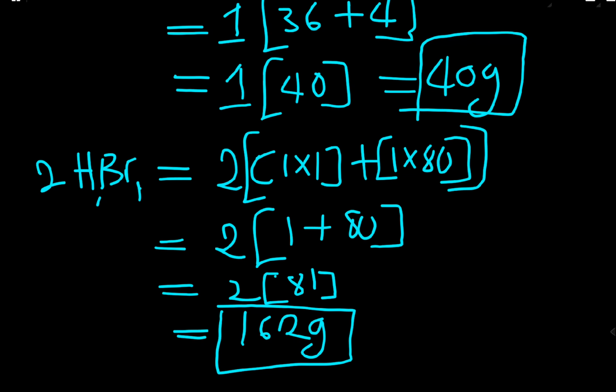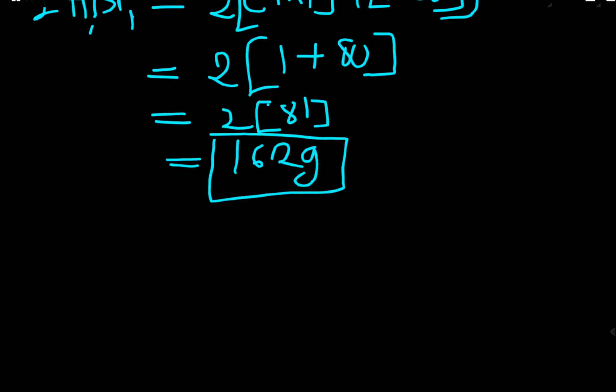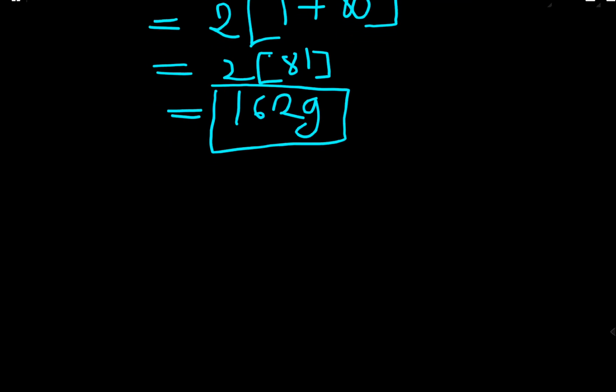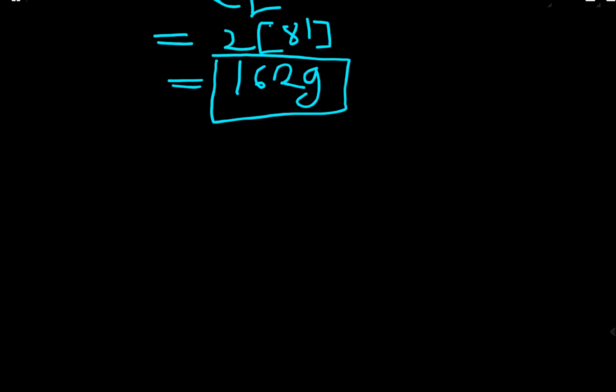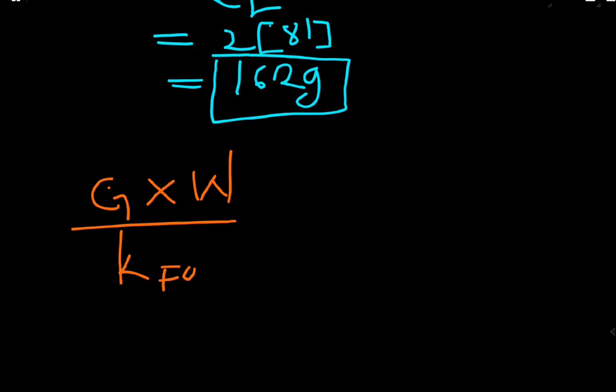Once this is established, next we'll make use of the proportion relation. And the relation is what is given times what we want over what is known from what is given.